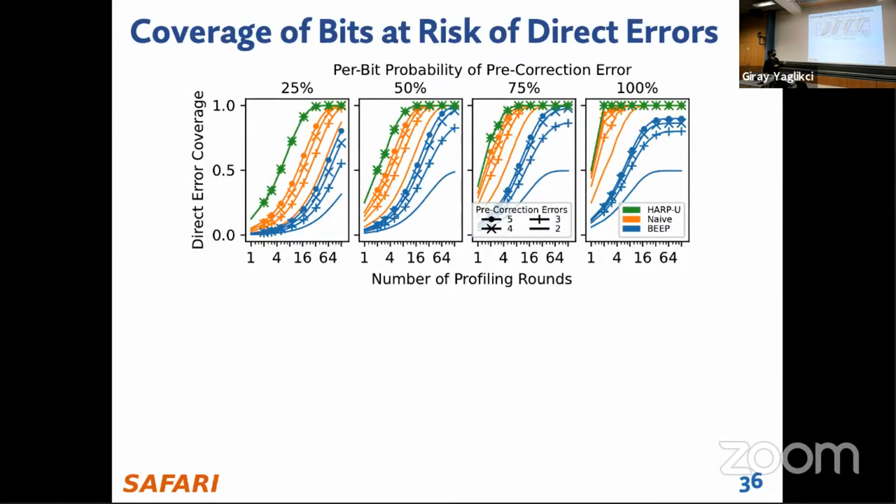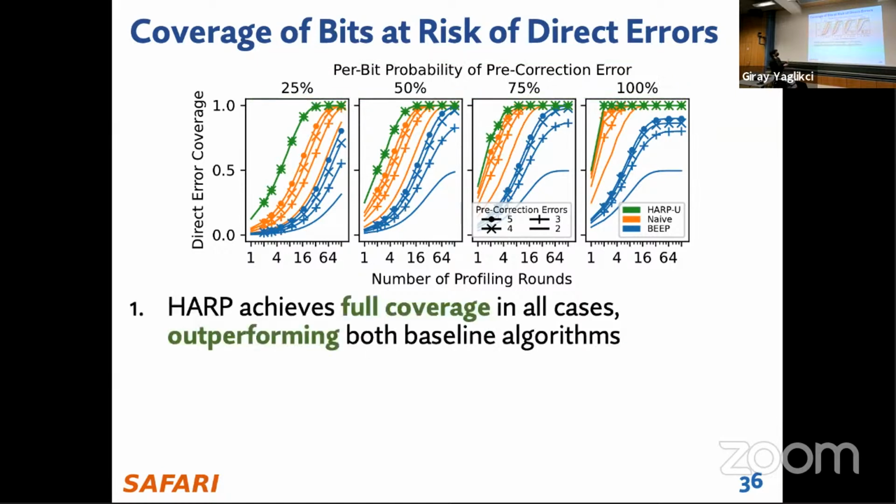These 5 errors fail with probability 25%, 50%, and so forth. We refer to that as the per-bit probability of pre-correction error. There's a lot of stuff here, but I want to make 2 key takeaways. First, HARP achieves full coverage in all of the cases, outperforming both of the baseline algorithms, and we see that with the green curves always reaching the 1.0 mark.